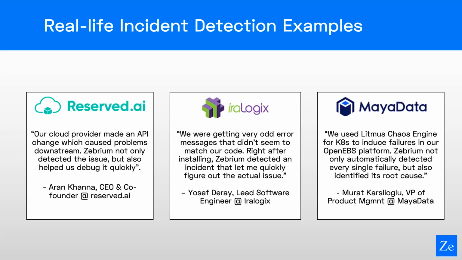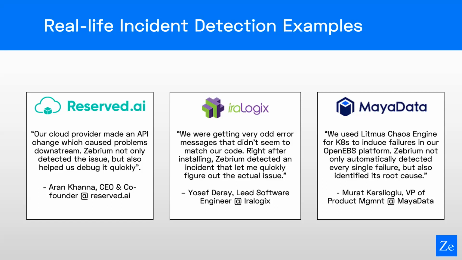Logics, a fintech company, had for a long time been seeing these really odd error messages that were troubling them. And they had tried again and again and spent literally days on this, trying to uncover what was going on because it didn't match what their code was actually doing. Anyway, they installed Zebrium, and this happened very, very early on.